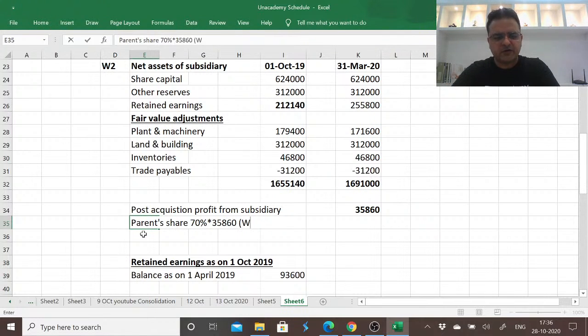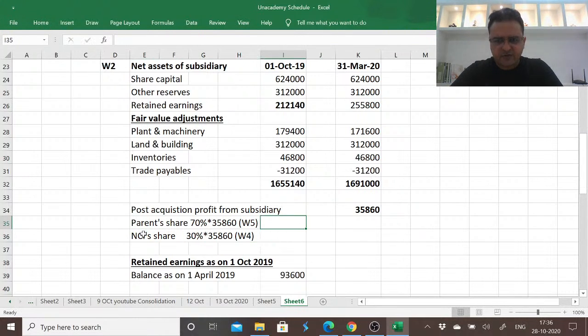We'll be presenting it in working note number 5. NCI's share, that is 30% of 35,860. We'll be presenting it in working note number 4.